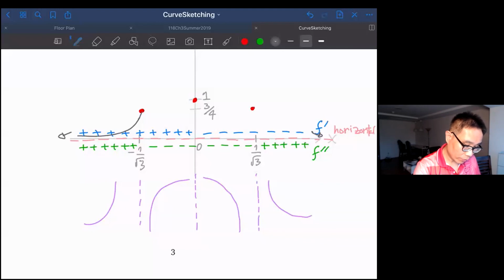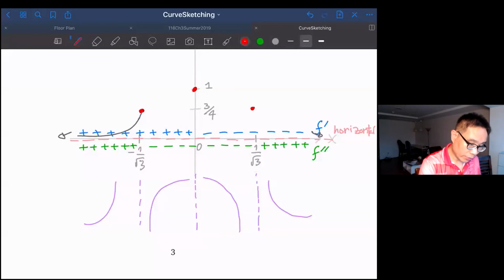Let me move this point a little bit. Let me move my one up a little bit in order to make this one nicer. Okay, so my one is here.